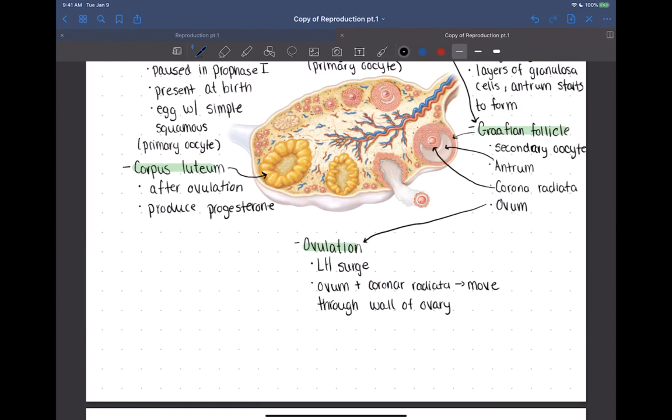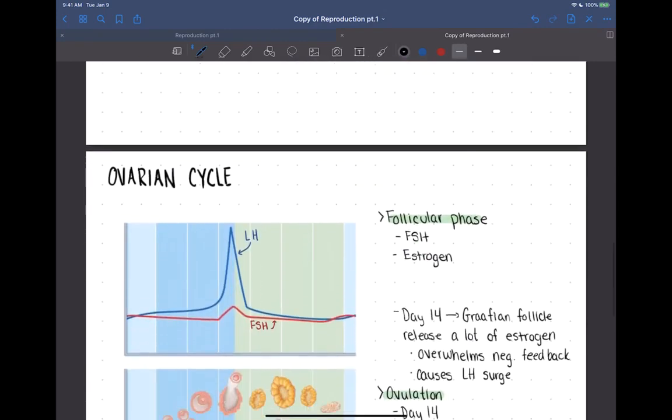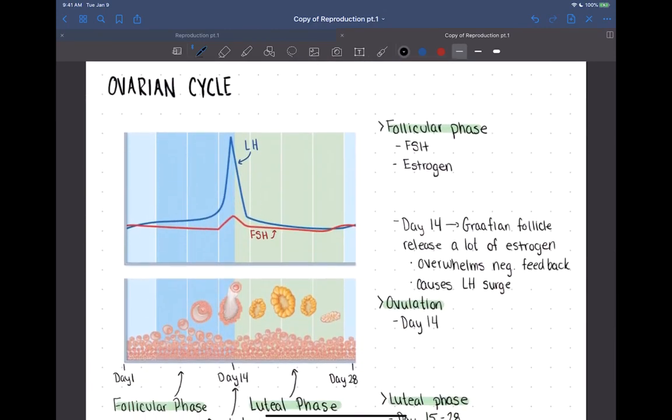That leads us into the ovarian cycle. I want to talk about the ovarian cycle, and then we're going to leave at that point and pick up where we left off in our next lecture. There are two cycles for the female reproductive system. You have the ovarian cycle, which we're going to look at now, and then you have the uterine cycle, which we'll look at next time. They're named based on where they occur, the ovary versus the uterus. The ovarian cycle involves the development of these follicles, then ovulation, and then what happens with that corpus luteum after ovulation.